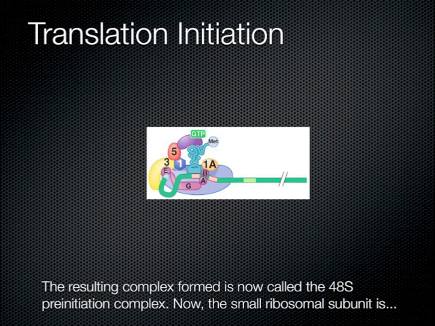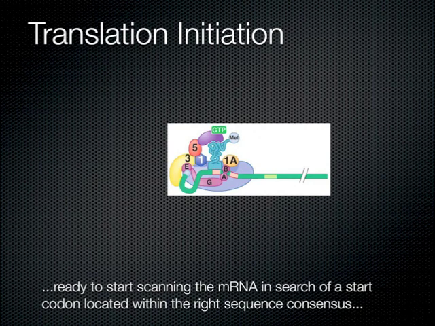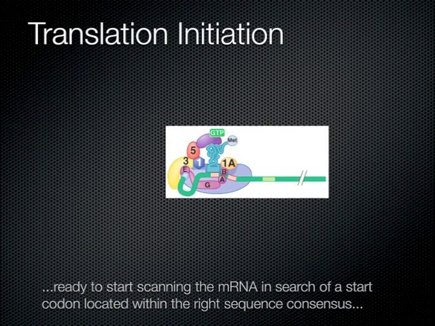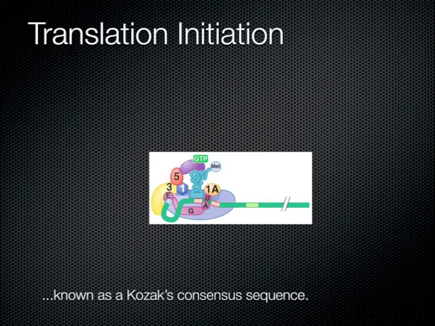Now, the small ribosomal subunit is ready to start scanning the messenger RNA in search of a start codon located within the right sequence consensus, known as a Kozak consensus sequence.